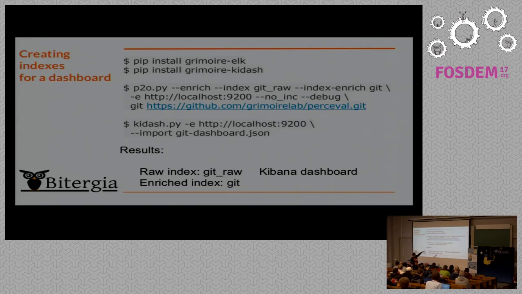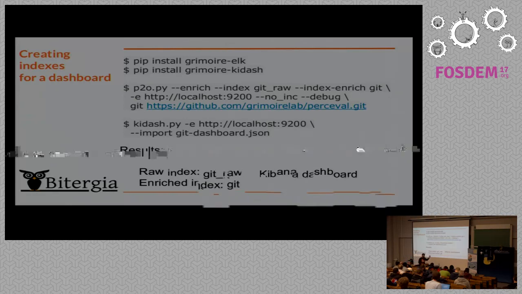In this case, it was my laptop, so localhost. And you have to say, for instance, in this case, no-inc means I don't want it to work incrementally. I want everything from the very beginning. And --debug just to show some information about how it is working, and where the repository is. In this case, it is a Git repository, and that's the list.